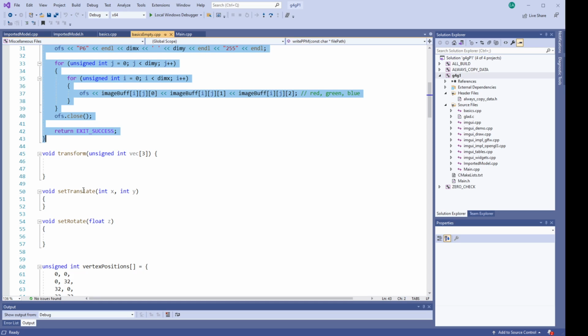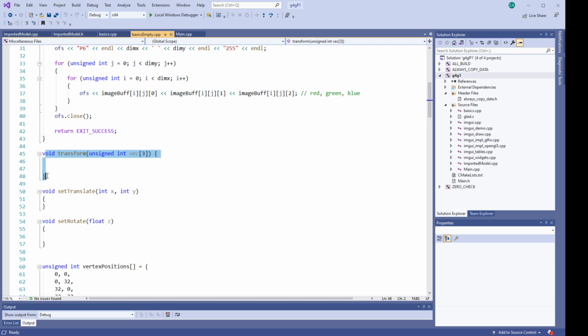This primitive version of a graphics language had a way to set a translation, rotation, and a transformation. And so there'd be a way to transform a vector 3, which would be usually just a point, x, y, and 1. And you could set the translation for that one matrix. You could also set the rotation for that one built-in transform.